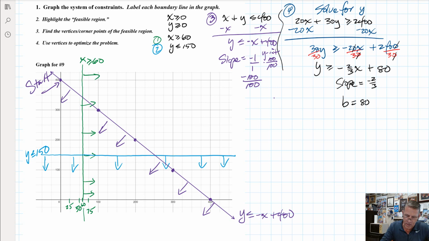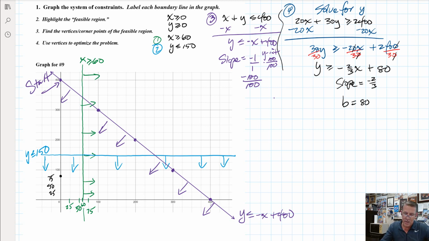So let me see, 80, we got to be careful here. So this is 25, 50, 75. So 80 is a little bit above 75. And then we have to interpret the slope.